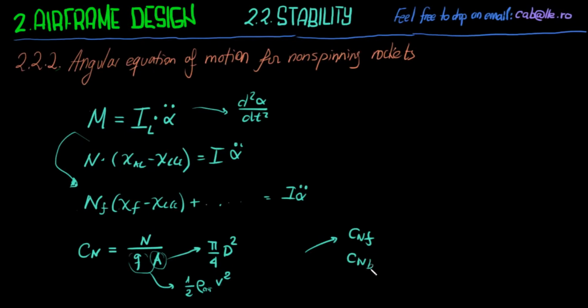You go to a dimensionless factor, the normal force coefficient, by dividing by q times A. So we're going to find these in the literature, and the position of the aerodynamic center.